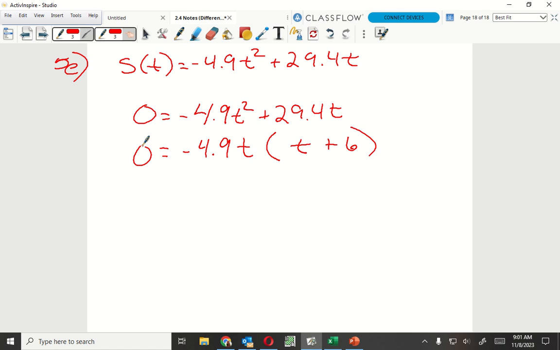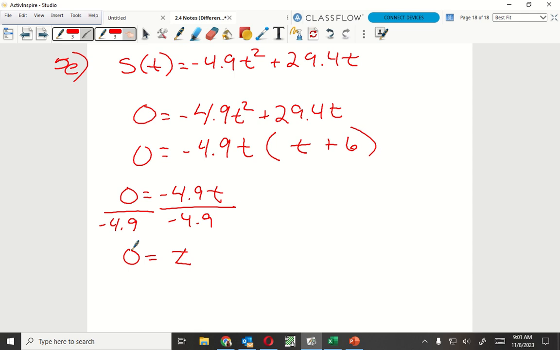So set each one equal to 0. Zero product rule, my favorite rule in math. 0 equals -4.9t. Divide by -4.9. So t is equal to 0. Didn't we already state that at the very beginning, before I kick this ball, it's going to be on the ground?